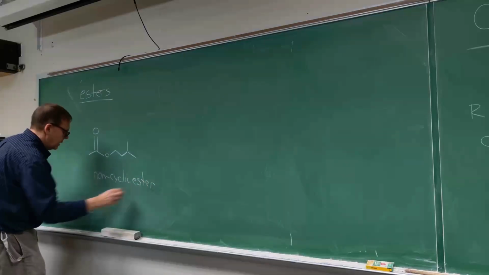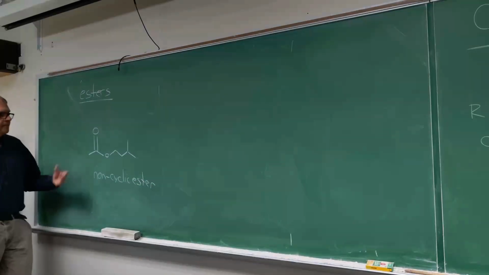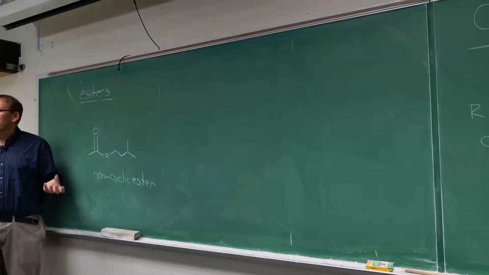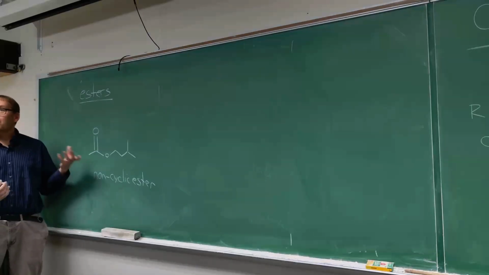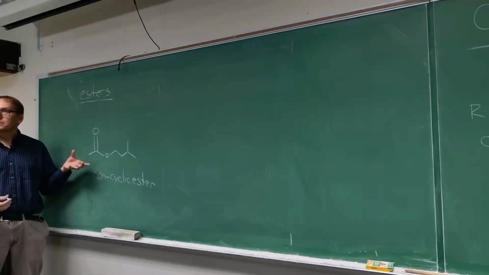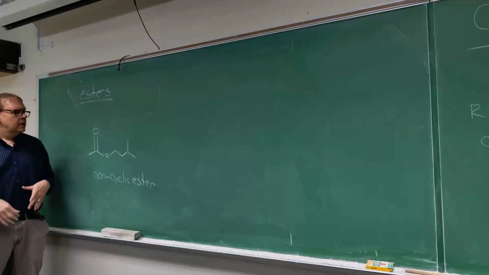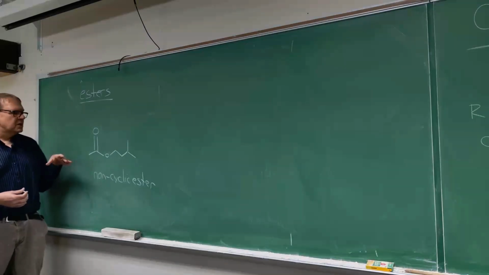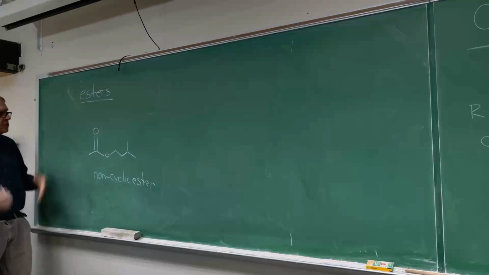This particular one happens to be a molecule called isopentyl acetate, and it smells like bananas. It's the molecule in bananas that makes bananas smell distinctly like a banana. So they sometimes smell good. Sometimes they're found in a lot of different fruits.